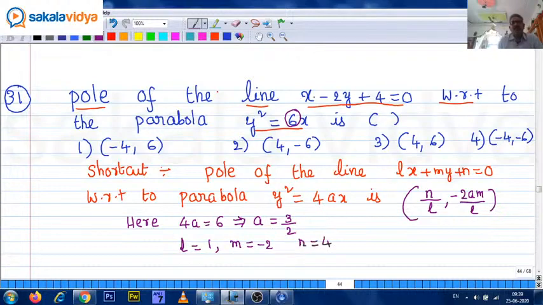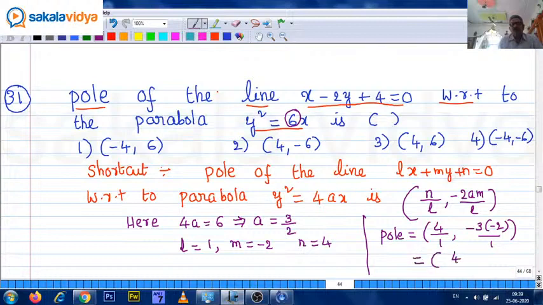So this is L, m, n. Now the pole equals to n upon L, 4 upon 1, comma minus 2a m upon L. Minus 2a means minus 2 into 3 by 2, that will be minus 3 times minus 2 upon L, which is 1. So we have 4 comma 6.